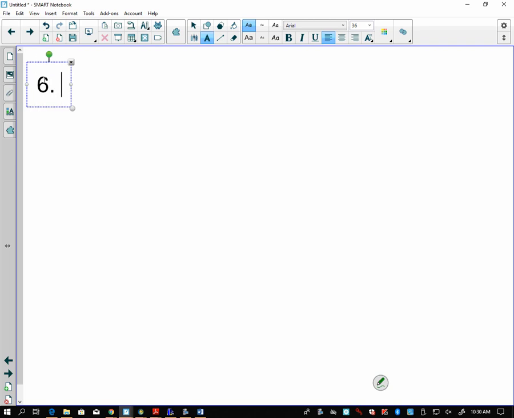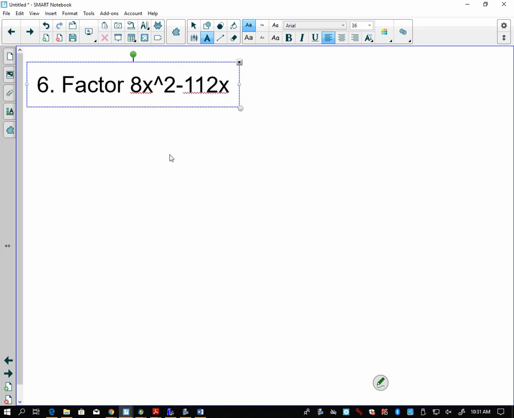Number 6. This one we do want to factor. So it's going to say factor: 8x squared minus 112x plus 392.